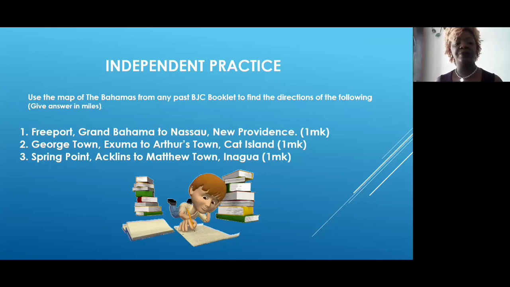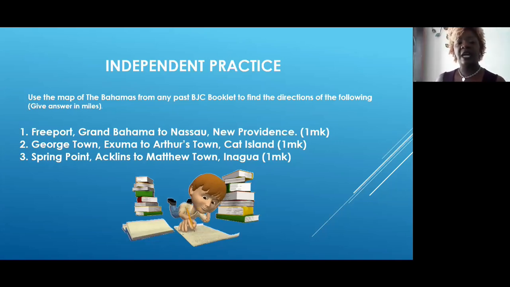Okay, so Freeport, which is in Grand Bahama, and we're measuring to Nassau, which is in New Providence, and then we're going to do Georgetown, which is in Exuma, to Arthurstown, which is in Cat Island, and Spring Point, Acklins, to Matthewtown, Inagua.